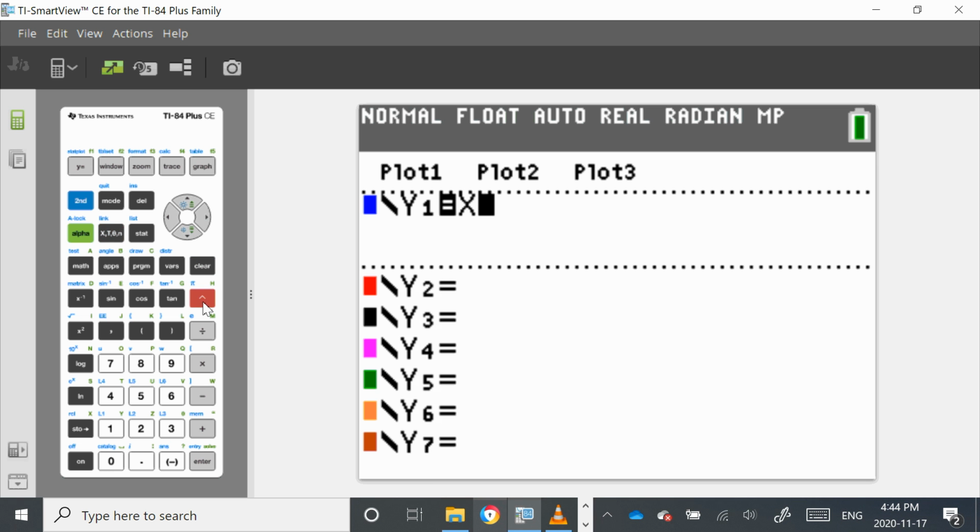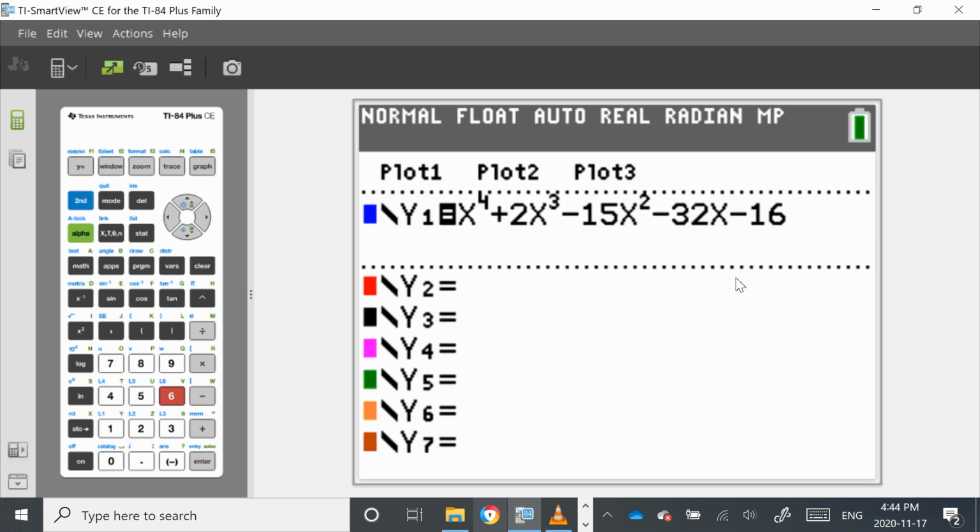It was x to the power of 4 plus 2x cubed minus 15x squared minus 32x minus 16. There's my y-intercept at negative 16.